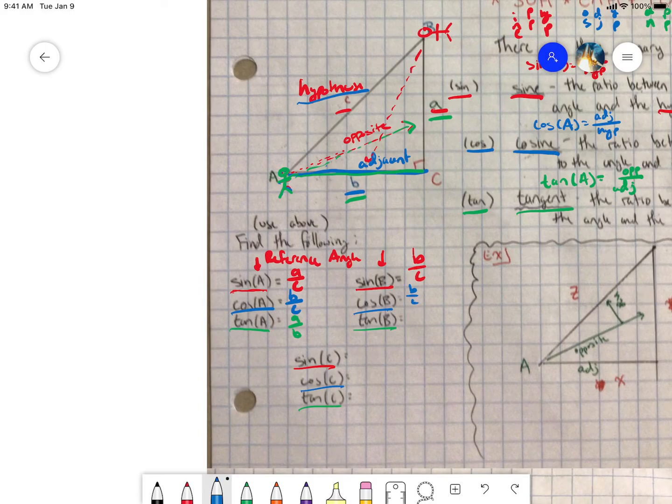So what's the adjacent side? Because we already said B was the opposite side. It'd be A. The adjacent side would be A in this case, and then my hypotenuse is still always C. So cosine of B is A over C.